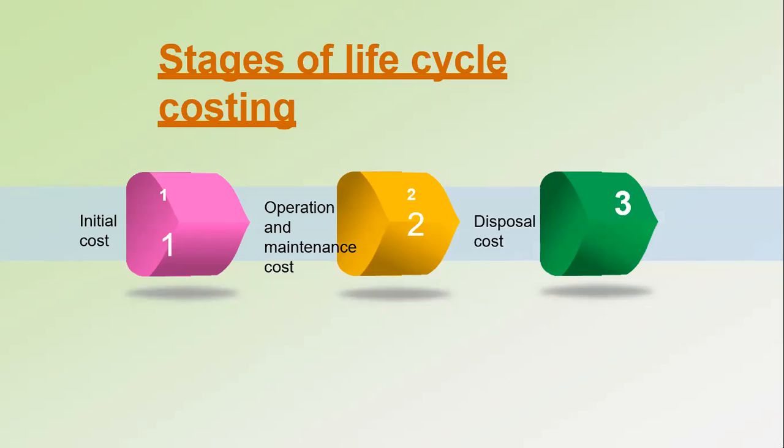Then the second cost comes as operation and maintenance cost. Once you calculated this estimate, suppose a multi-level building is there, you have calculated near about 2 crore rupees as a cost, that is the initial cost.